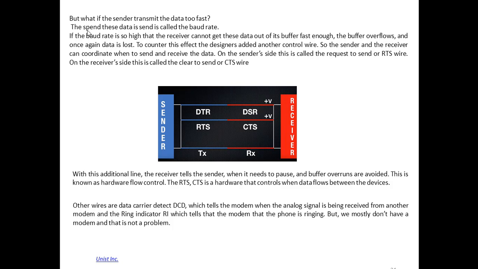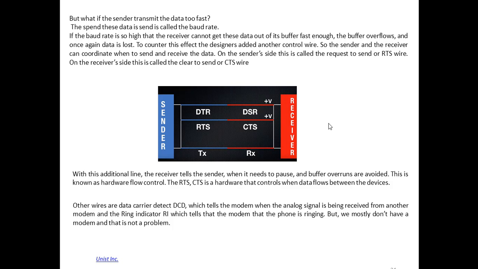Actually, this is the speed. The speed at which this data is sent is called the baud rate. If the baud rate is so high that the receiver cannot get this data out of its buffer fast enough, the buffer overflows and once again data is lost.